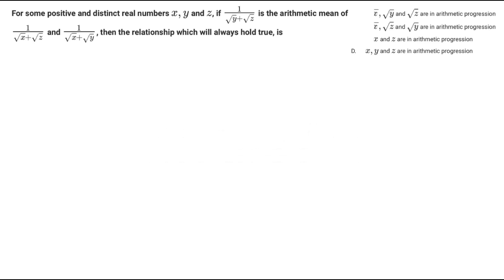or one concept that we have already seen and also applied in one of the previous questions based on time and work, is that whenever numbers are in AP, their reciprocals are always in HP, right? So if the numbers are 1 upon root y plus root z, 1 upon root x plus root z and 1 upon root x plus root y, it is given that this term is the arithmetic mean of these two.